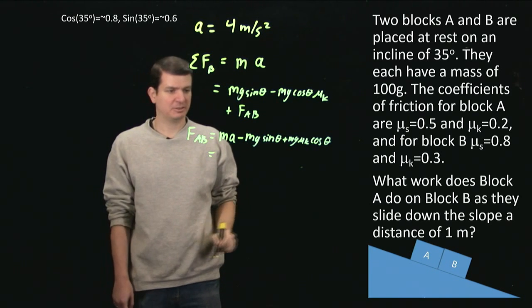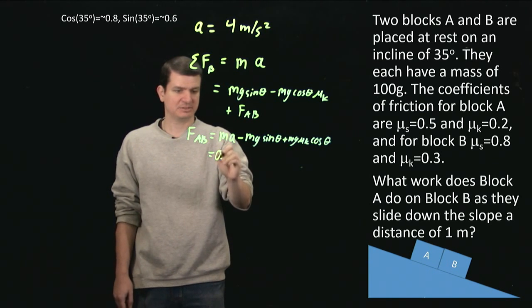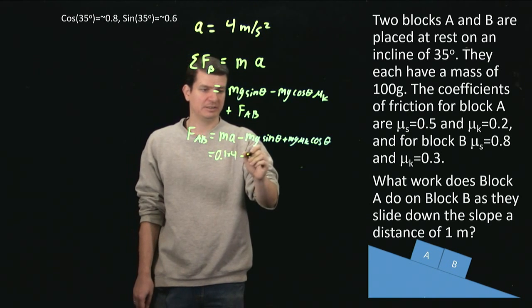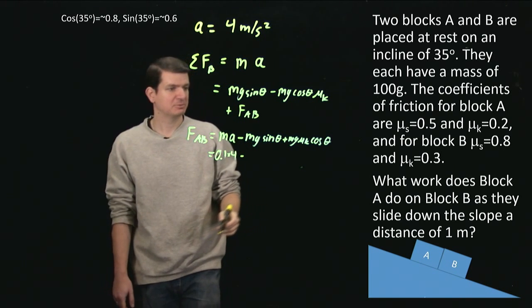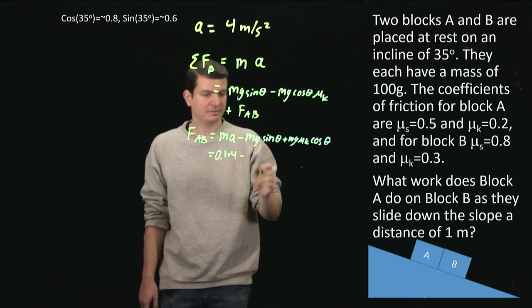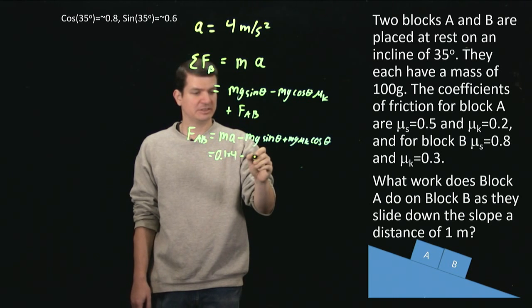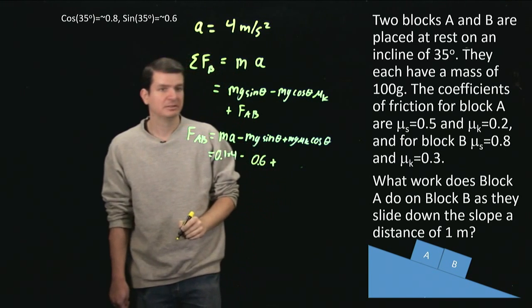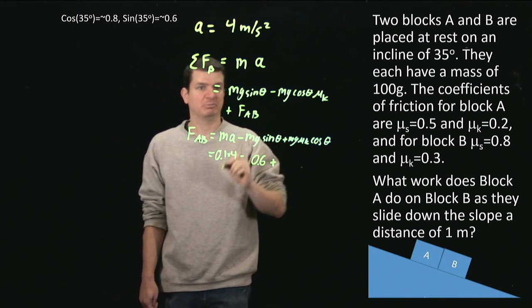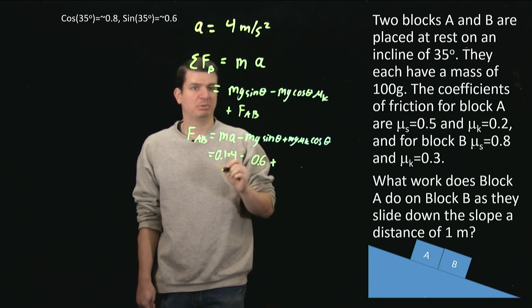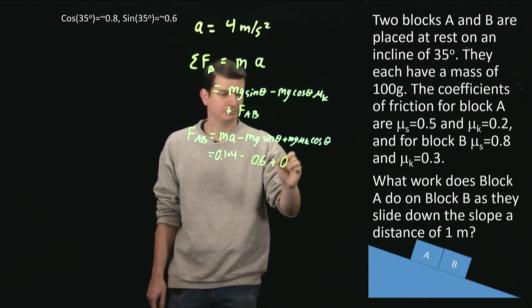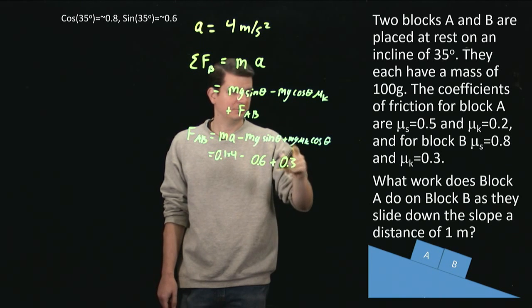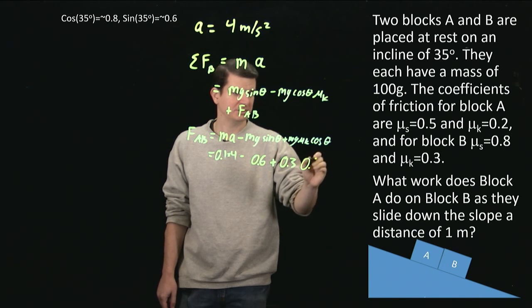So then we can start putting in some numbers. 0.1 times 4, minus mg just becomes 1. Sine of theta is 0.6, plus mu k for block B is 0.3, and mg was 1, and the cosine of theta 0.8.